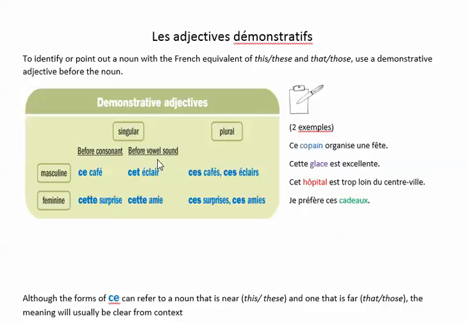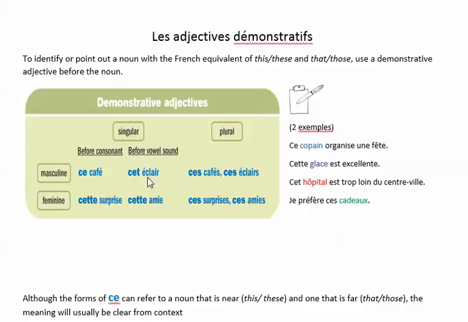Now, if the noun is masculine but starts with a vowel sound, we cannot say ce éclair because ce and éclair both start with a vowel sound, and it doesn't sound good. So use cet when it's a masculine noun that starts with a vowel sound.